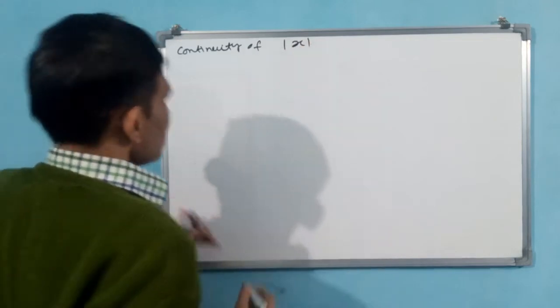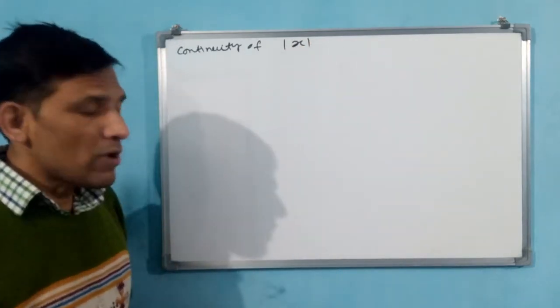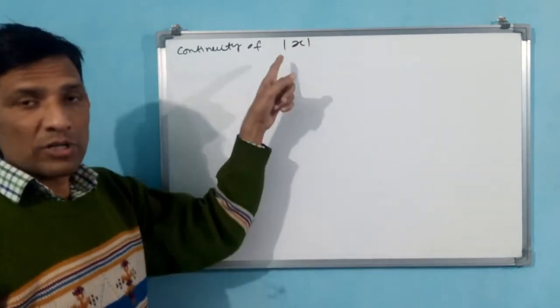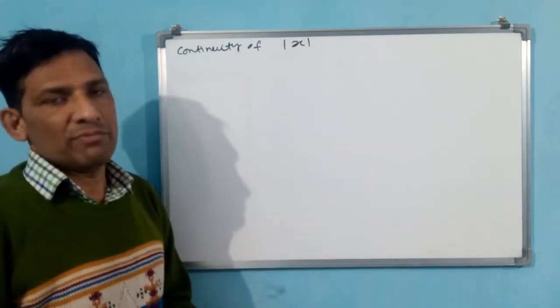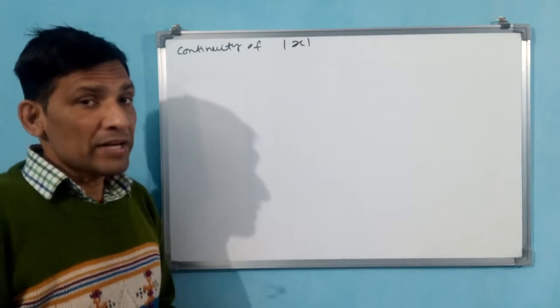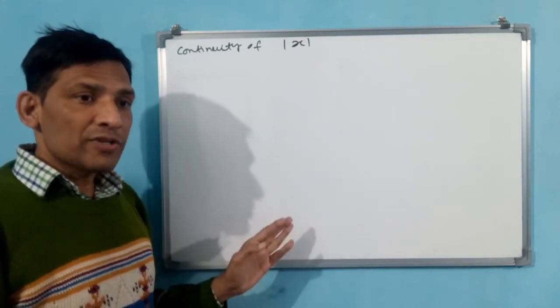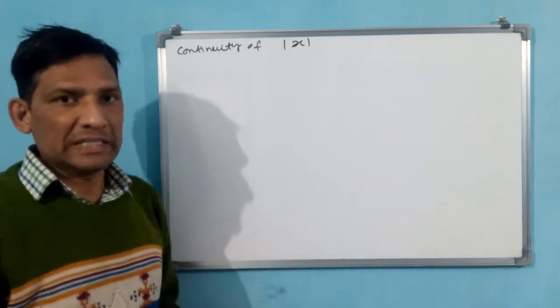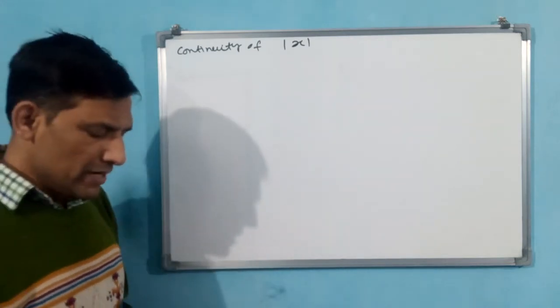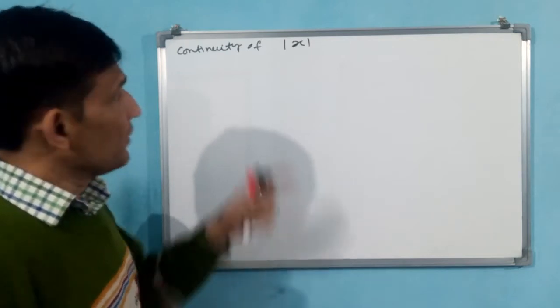Continuity of modulus x. What are we going to prove? We are going to prove that modulus x is a continuous function, but modulus x is not differentiable. Then we can confirm that all continuous functions are not differentiable. That means differentiable is a subset of continuous function. Step by step we will proceed.